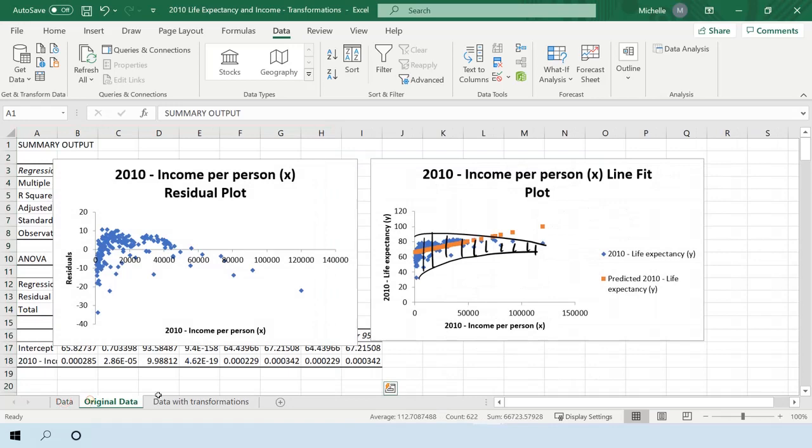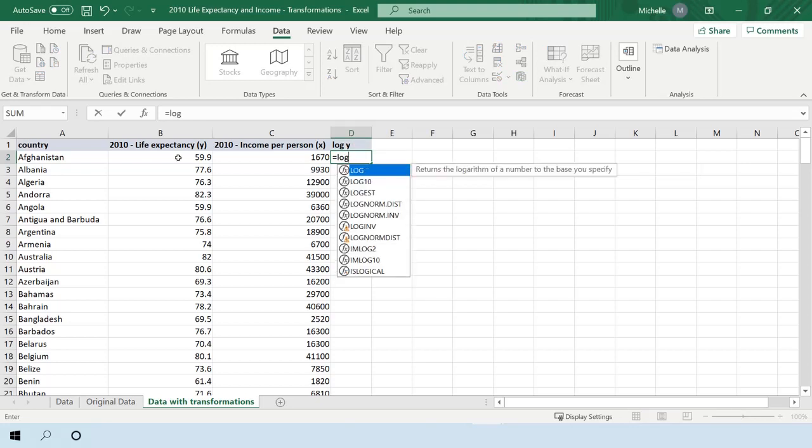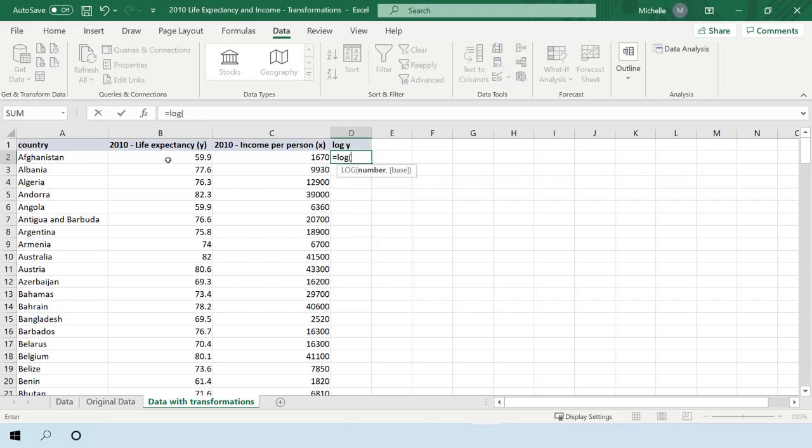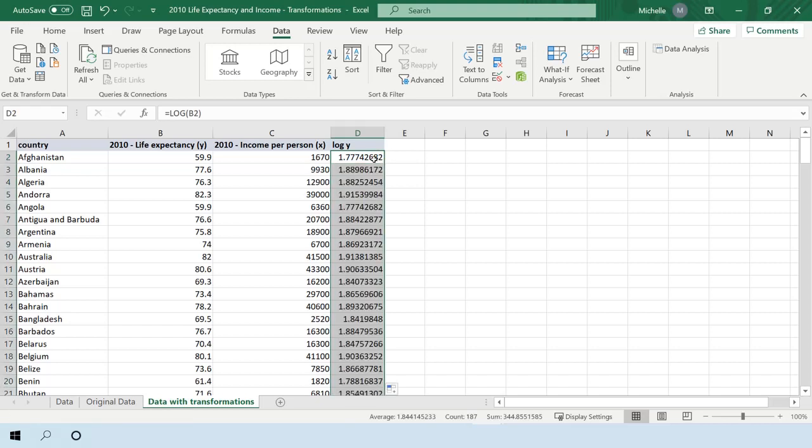So I have data, original data, output, and then data with transformations. So let's call this one log y. And to find that, press the equal sign, type in log, open parentheses, and press that number. There we go. So this is the log of y. Get your cursor to look like that black cross, double click, and it'll find the log of all the y's.